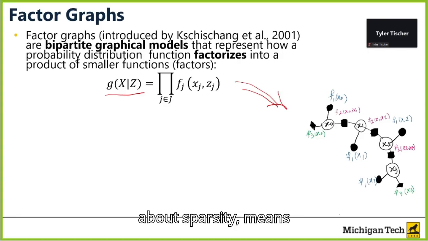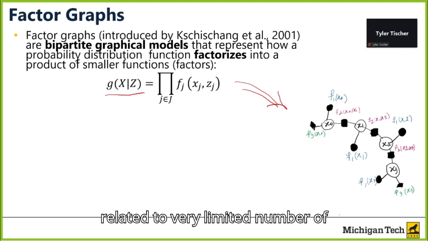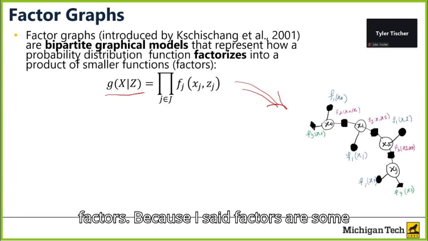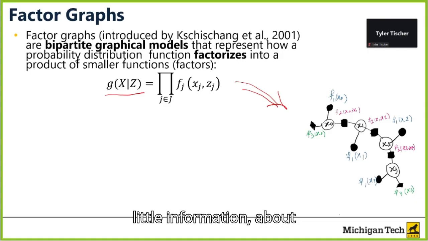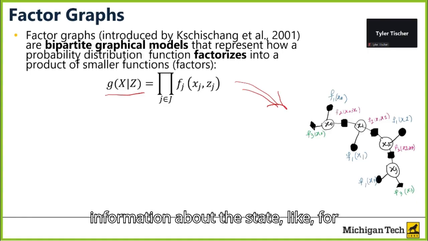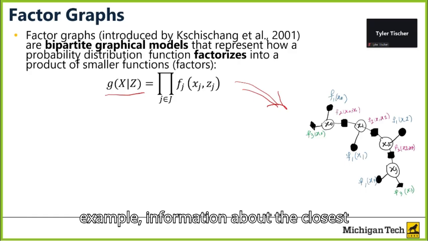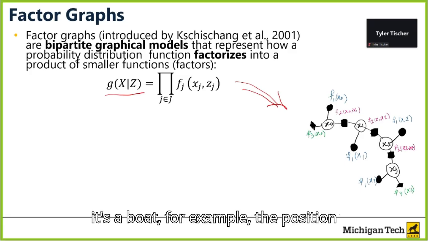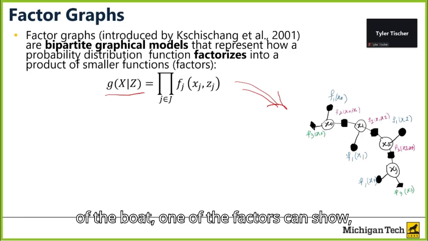When I'm talking about sparsity, it means each state is related to just a very limited number of factors, because I said factors are little information about states. Like, for example, information about the closest obstacle to that state, or, if it's a boat, the position of the boat.